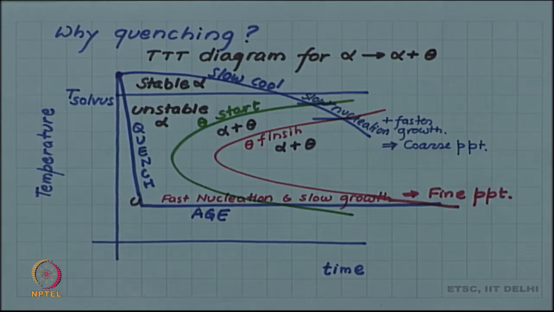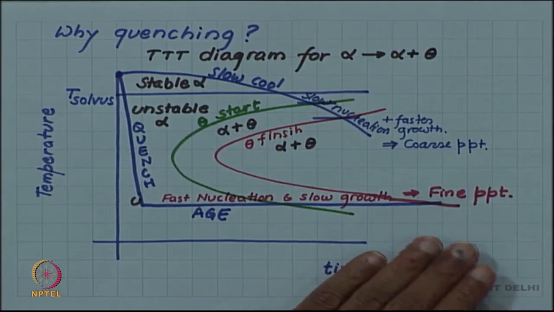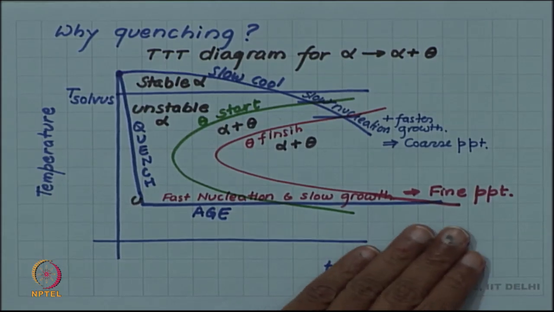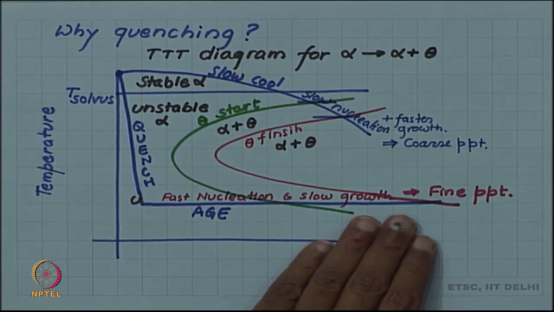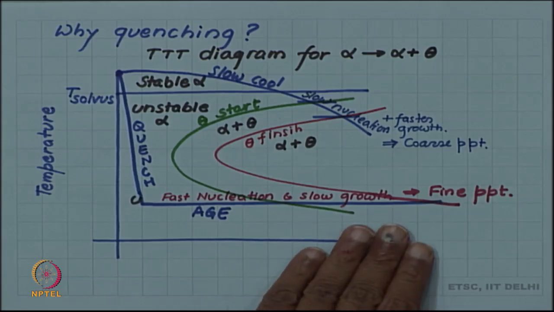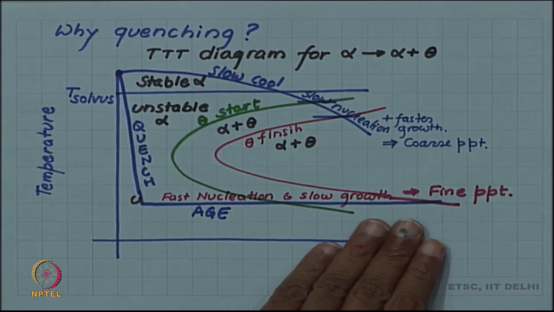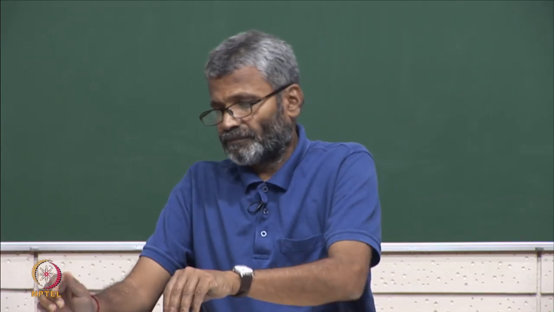And a fine distribution of precipitate always creates more obstacle to dislocation motion than coarse precipitate. So, although both will give you the precipitate, quench and aging will give you finer precipitate and greater obstacle to the dislocation motion and thus higher hardness. So, this is the reason why we quench.